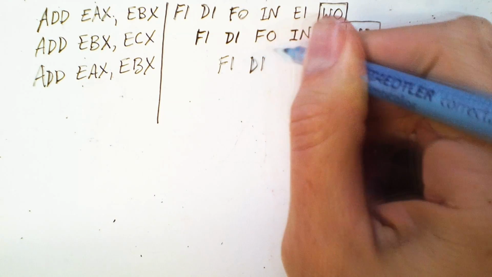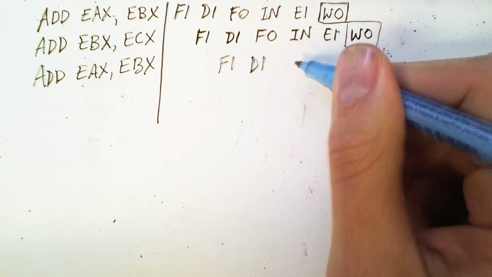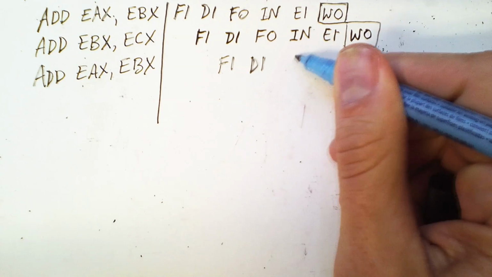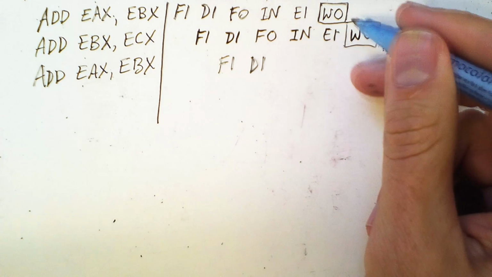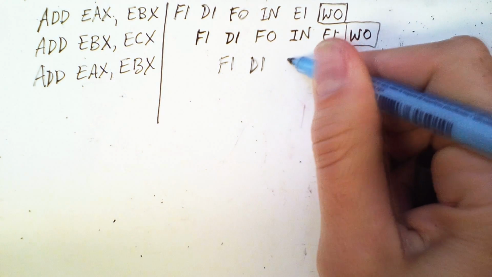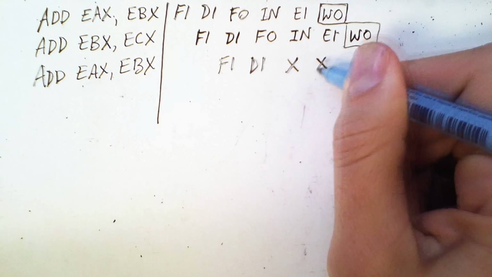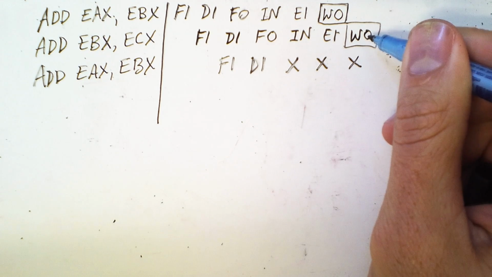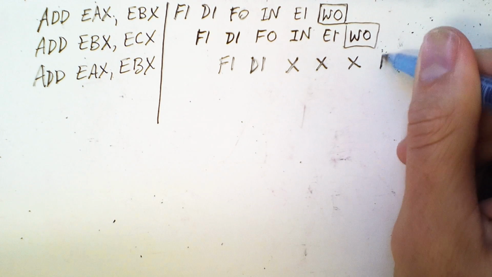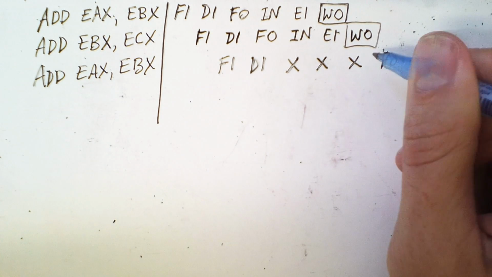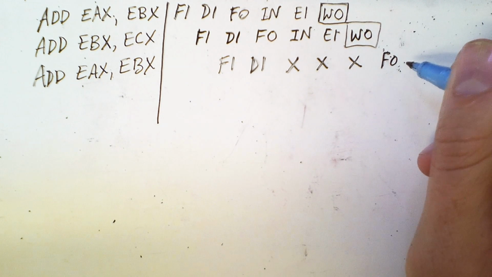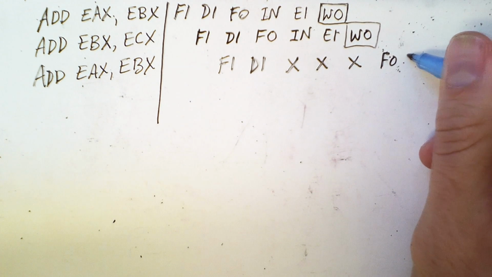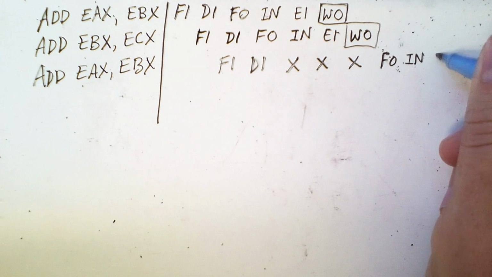But when it comes to fetching the operands, I can't fetch operands here because those registers haven't been modified yet. So I have to stall until both of them have been modified. And at this point, I can fetch those now modified operand values and continue with the rest of the pipeline like so.